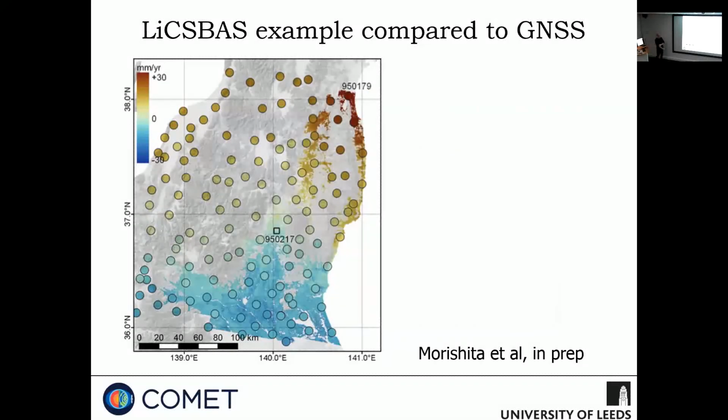So here's a result using LiCSBAS, one approach that you'll try tomorrow, with a comparison to GNSS to show you that it's a very nice result. The background colors are the results from InSAR, and the circles show results from GNSS in the line of sight. The information from GNSS has been transformed into a line of sight comparison, and you can see it compares very nicely.